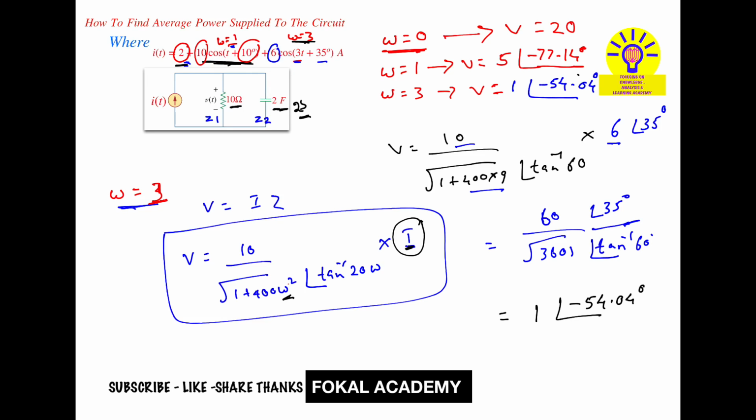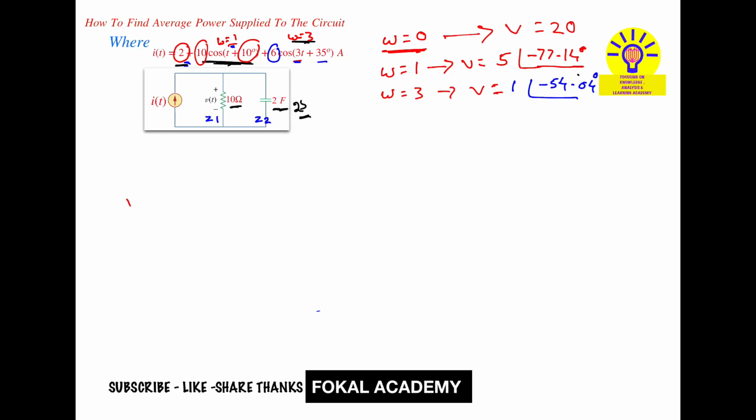Now convert this information into a voltage signal. Let's see here. Now we got the voltage signal V of t, equal to, at omega equal to 0, 20, that is DC voltage, plus the next signal with amplitude 5, cos of omega is 1, that is 1t, plus phase angle minus 77.14 degrees.